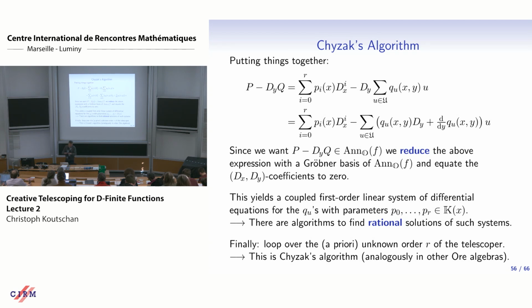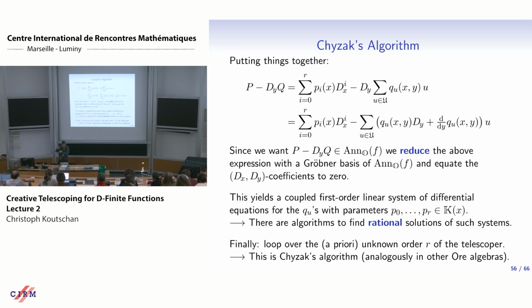So this is somehow the most basic version if we are really in two variables, but of course it gets a bit more complicated when you have really multivariate functions with more than two variables. Then you don't want a single differential equation for the object, because if we have 10 variables and we do one integration, then the integral still depends on 9 variables, so we need more than just one differential equation to describe it.